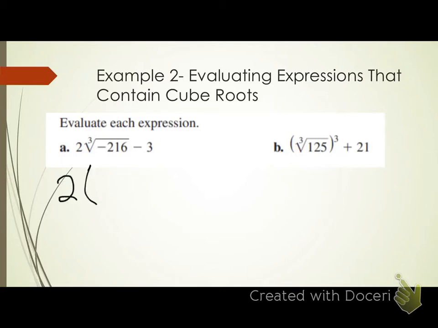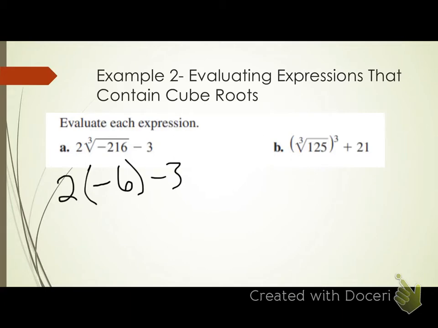So I'm taking the cube root of negative 216. I'm asking myself, what number times itself twice gives me negative 216? It is negative 6. So now I'm left with 2 times negative 6 minus 3. Multiplication and division comes next because I don't have any exponents to deal with anymore.